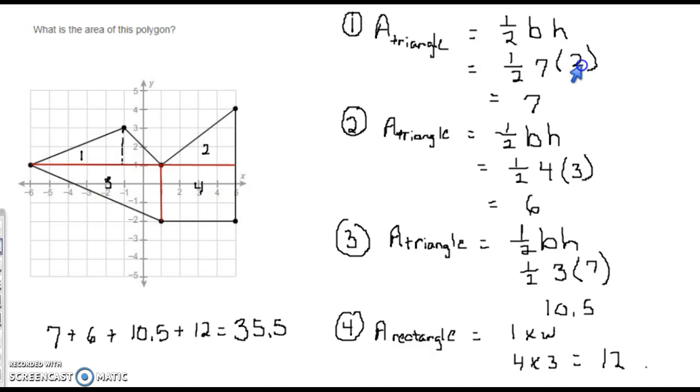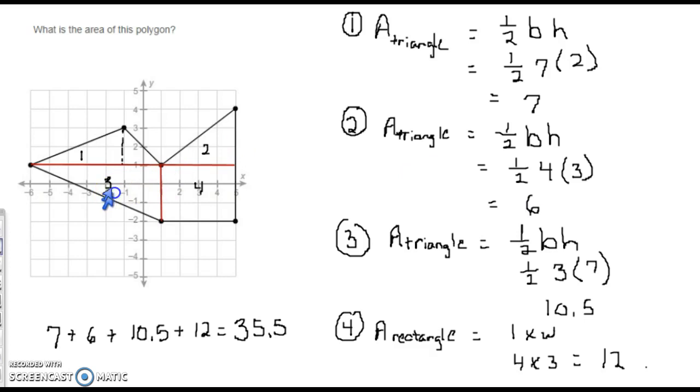So 1/2 times 7 times 2 is going to give me 7. Now this triangle is a right triangle, so I can use this segment right here as my height. So my base is 1, 2, 3, 4. My height is 1, 2, 3. And 1/2 times 4 times 3 is going to give me 6.